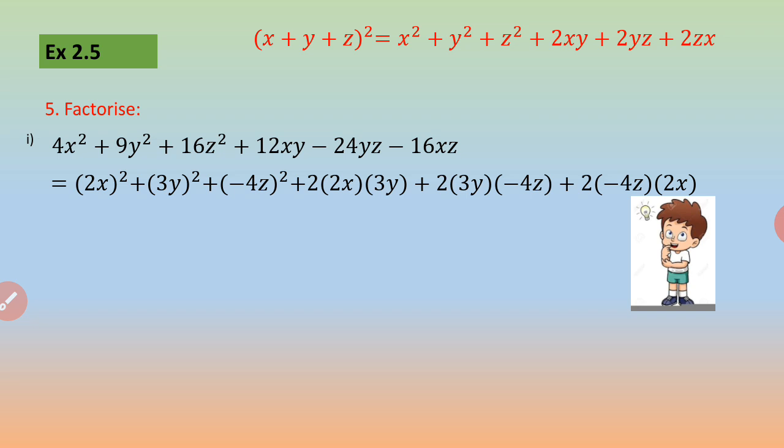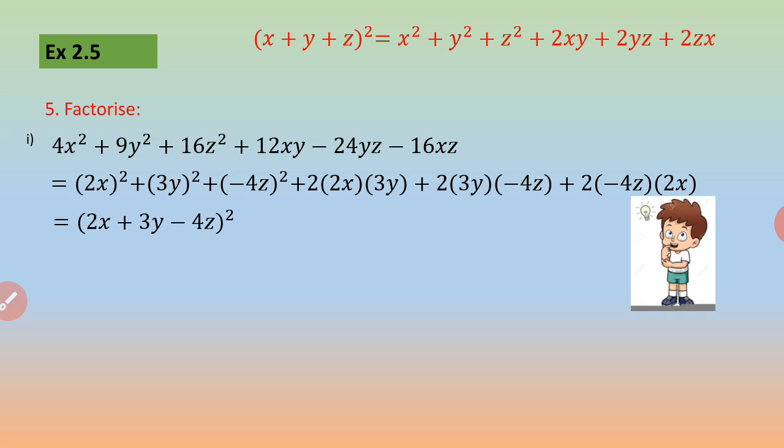Accordingly, changes to be done. Now we have the right hand side written in a proper order and our answer is the left hand side, that is bracket, in the bracket x plus y plus z and whole square. So this is your answer.